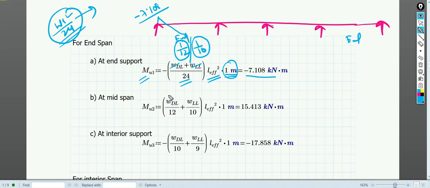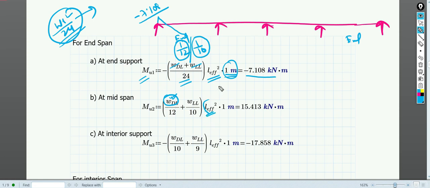For dead load it is 1 by 12, and for live load it is 1 by 10. It is mentioned that the coefficient will be multiplied with total load into the length. Total load will be W in kilonewton per meter square, into the area. Area is L effective into 1 meter, right? So into another length, that is why L effective square.